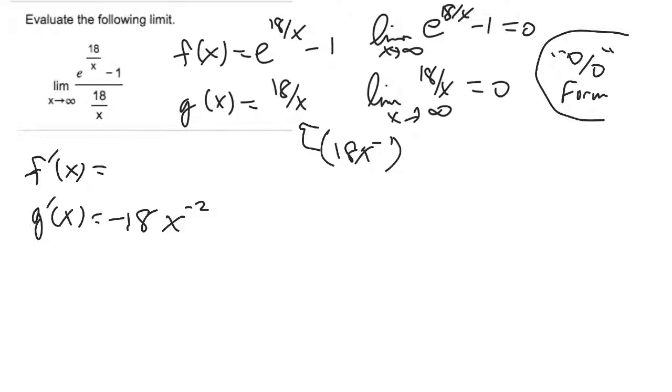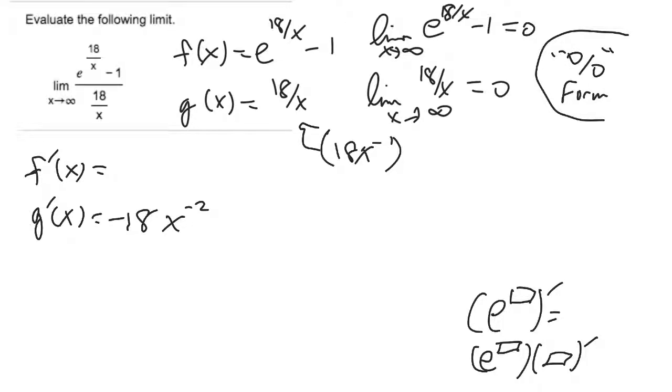The derivative of f of x requires the chain rule, but the chain rule is very simple when you have e to a power. The derivative of e to a power, remember, if I have e to some kind of hairy mess, the derivative of that is just exactly the same power of e times the derivative of whatever that power of e is.